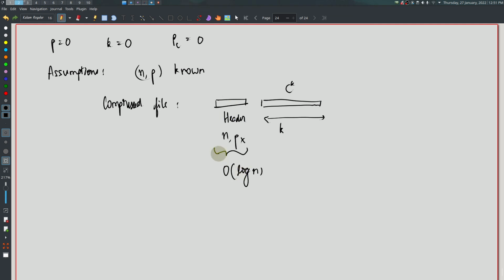We can assume that n and px are known both to the encoder and the decoder. That is why we're making this assumption, whereas in practice this needs to be stored as a header, and this can be ignored only when k is very, very large or n is very, very large. Any questions?